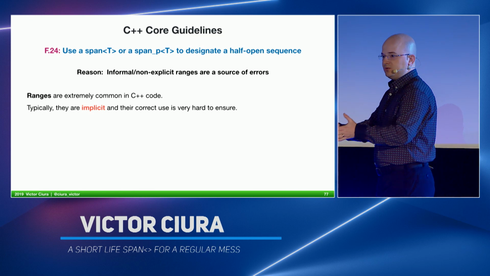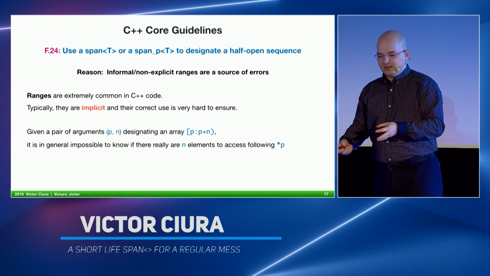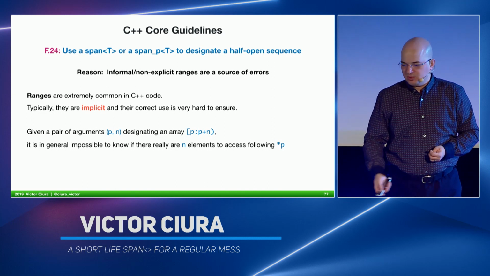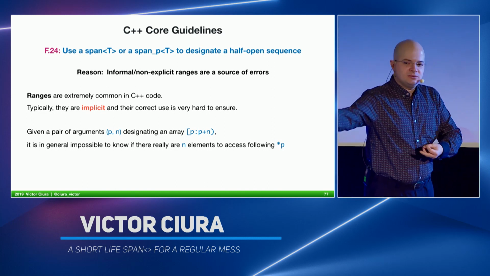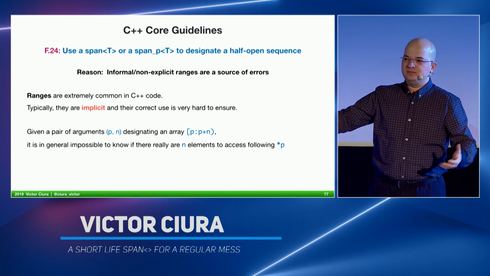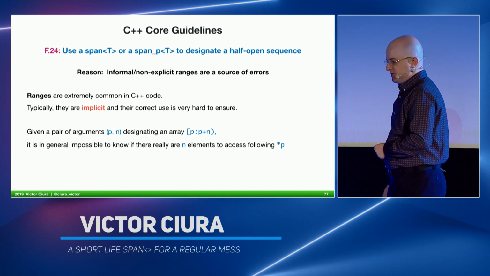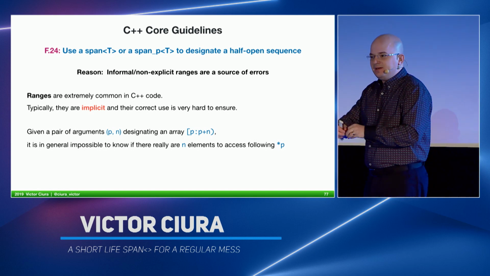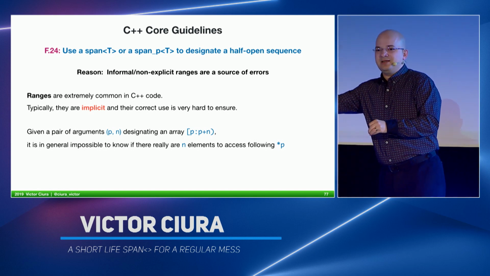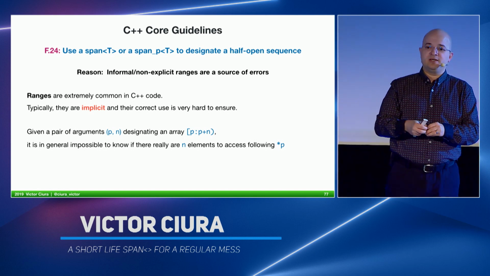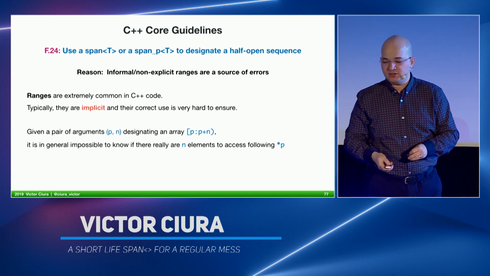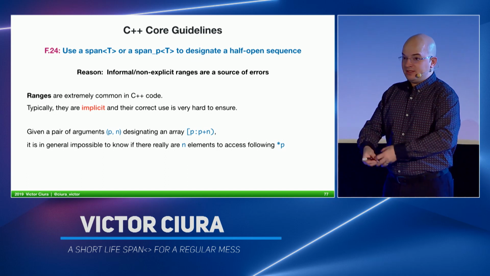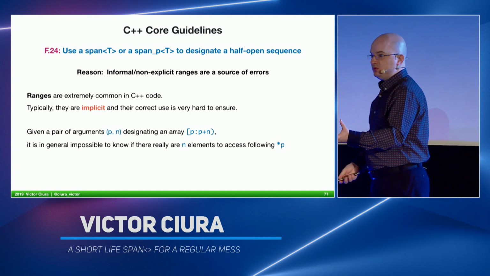It's a convention that we pass a pair of things, and they mean a range, like a pointer and length, or two pointers, or pointer and something that we know ends with a null, for strings, for example. So it's generally impossible to know if there really are said elements after the address we provide for the beginning of that range. So this is why encoding this information explicitly in a type is useful.